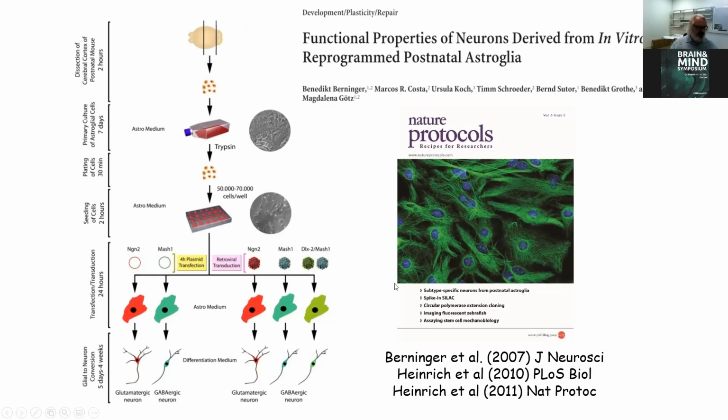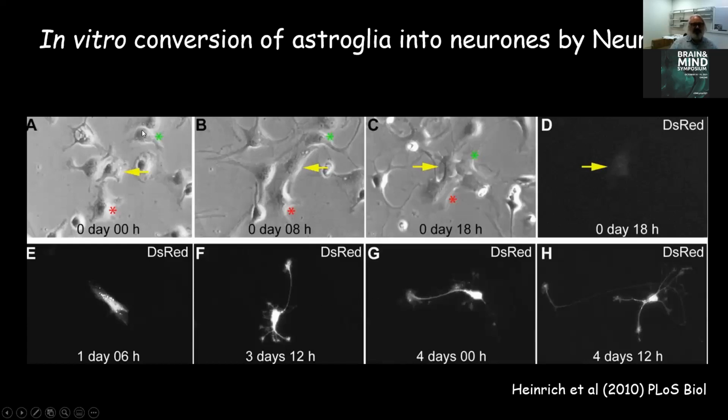And indeed, in vitro, we could see that when we introduce these transcription factors, cells eventually turn from their glial identity into a neuron.